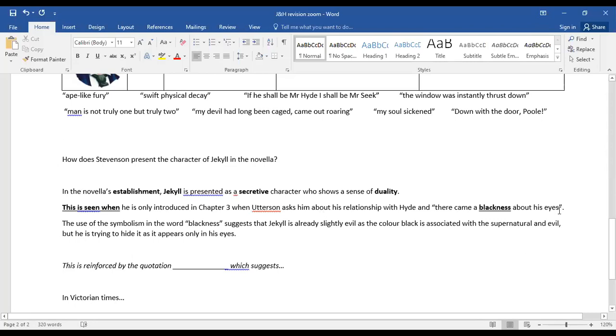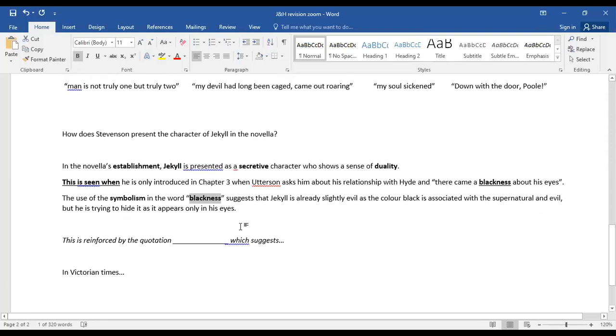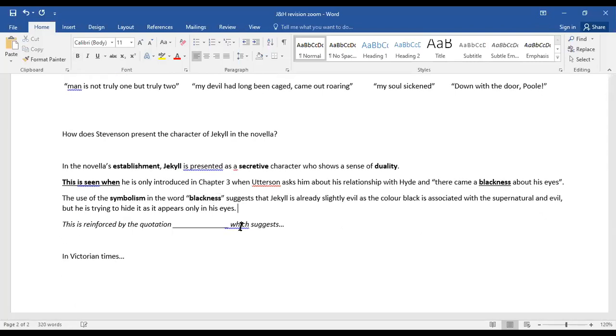You've said where it comes and the quotation, and then I'm picking out the technique, the idea for that. If you can, you might want to reinforce it with another quotation. I haven't given you ones there, but that's how you would put it in. You might say this is reinforced by the quotation from the establishing part of the novella.